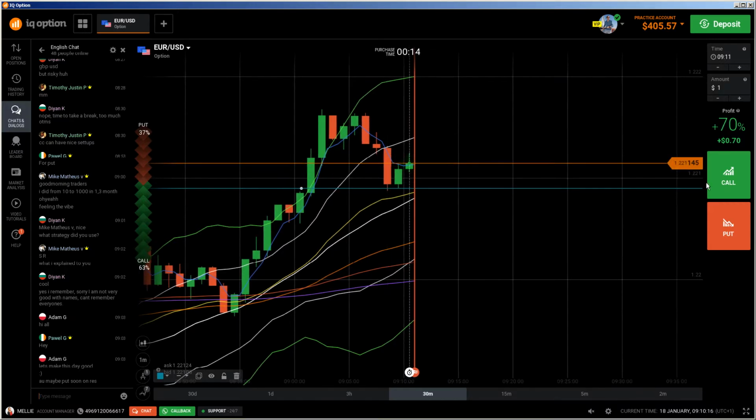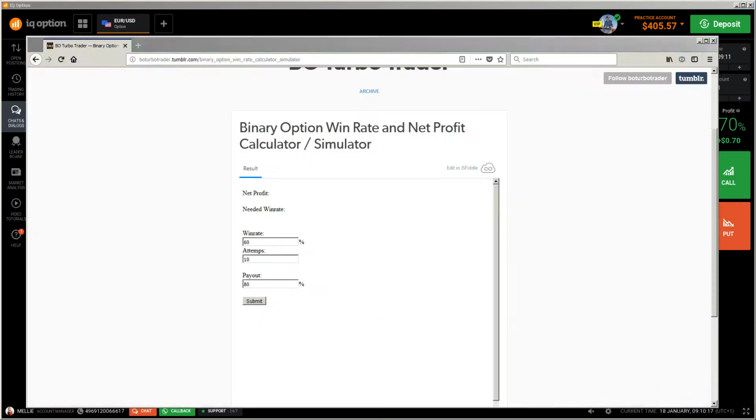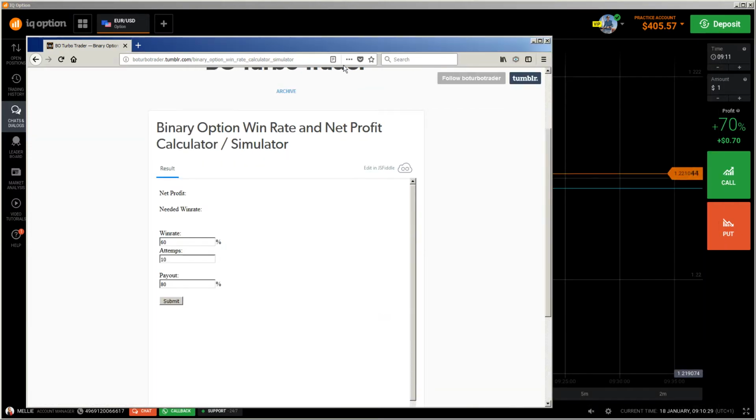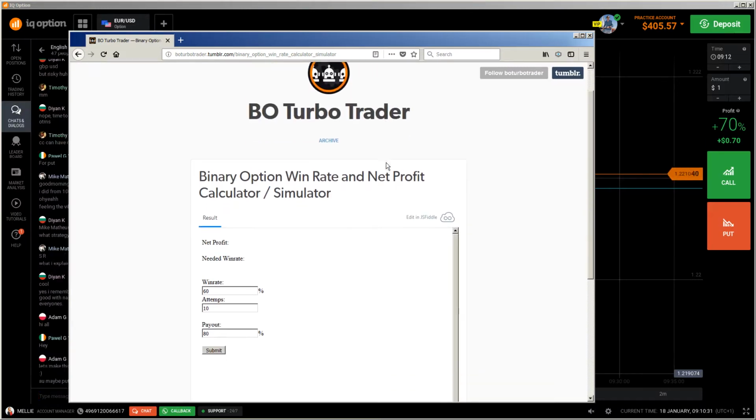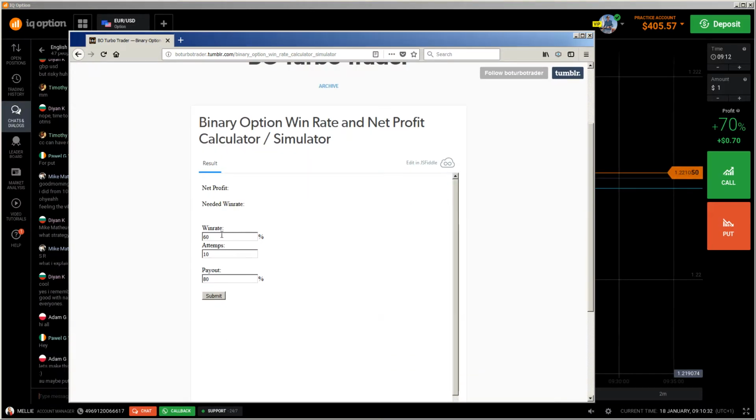So let me show you again my binary option win rate and net profit calculator simulator. Here you can put in, because the pin bars and all other candlestick patterns have only a 60% win rate, and here is the simulator.